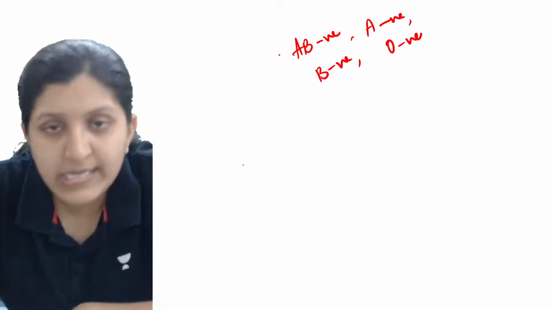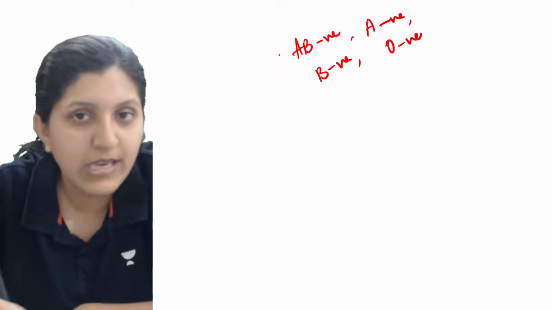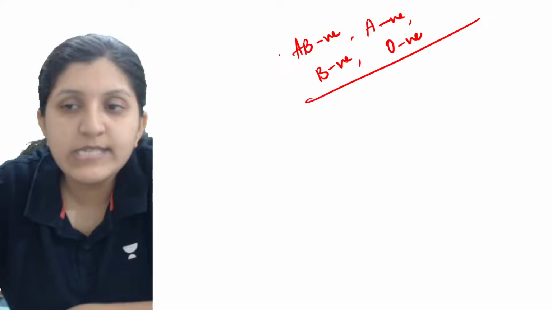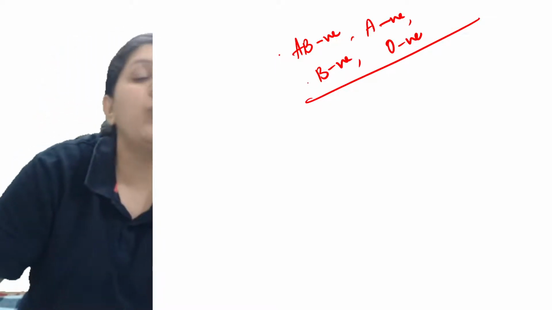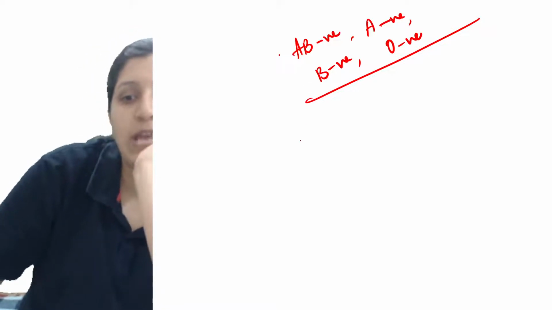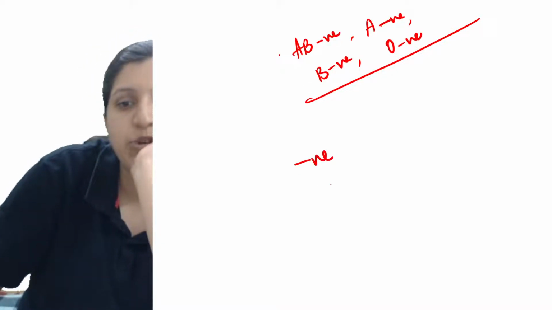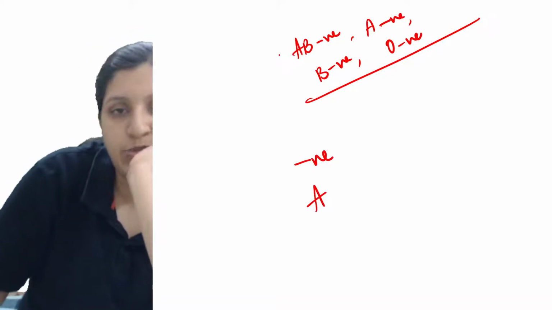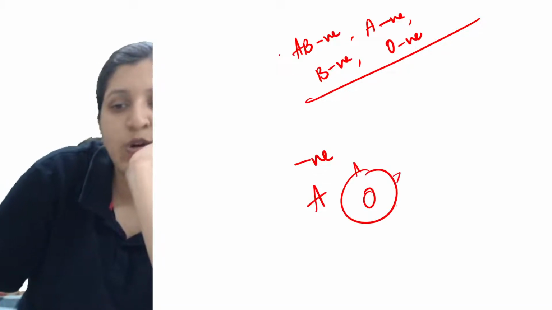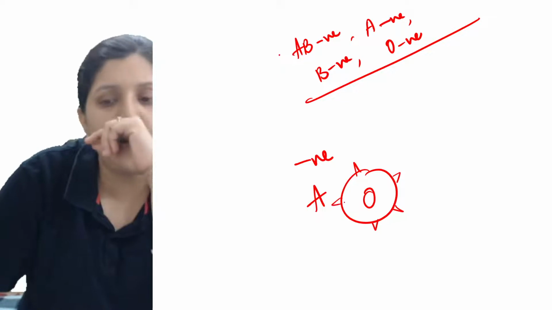These are the negative individuals who can react to the positive antigen entering their body. Let's say there is an A negative person. This is the RBC, and he has got only the A type of antigen.